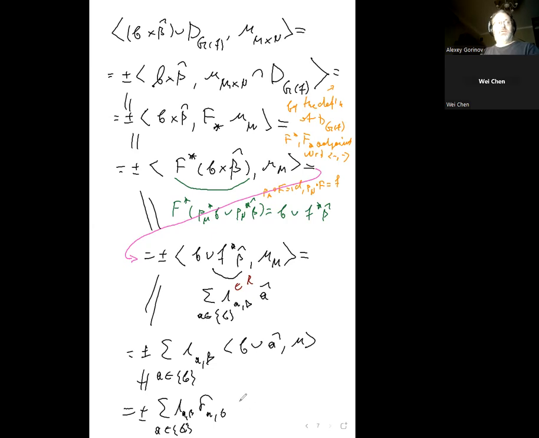Lambda A beta delta AB, which is the same as plus or minus lambda B beta. And these two last signs are the same.